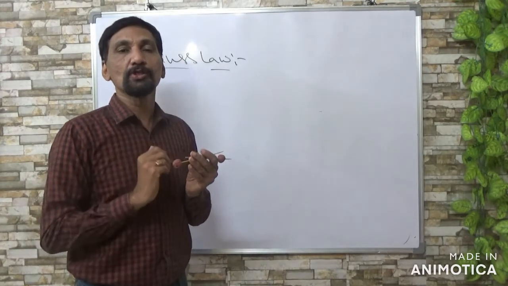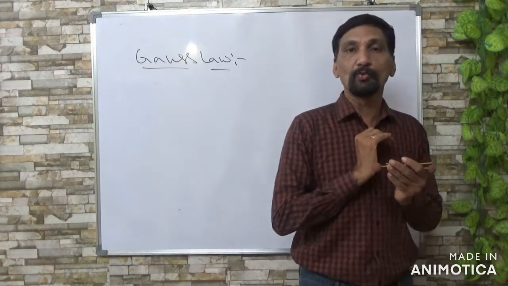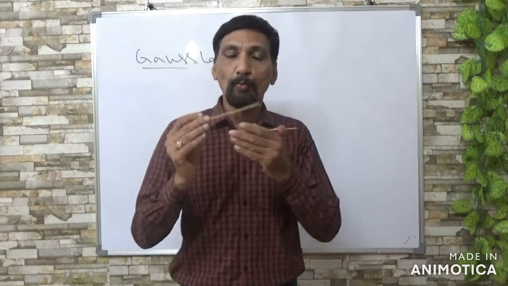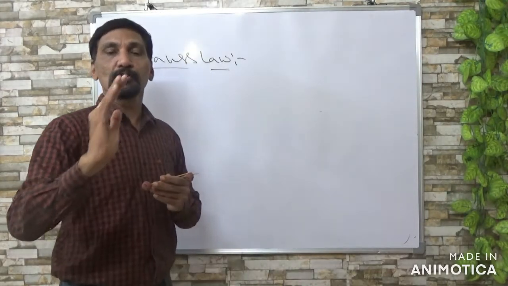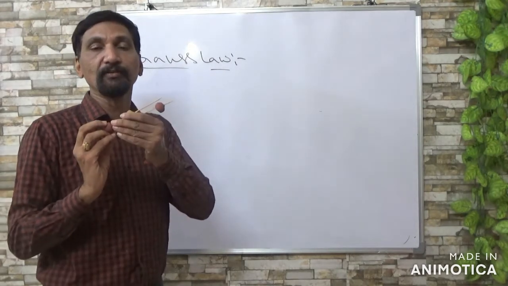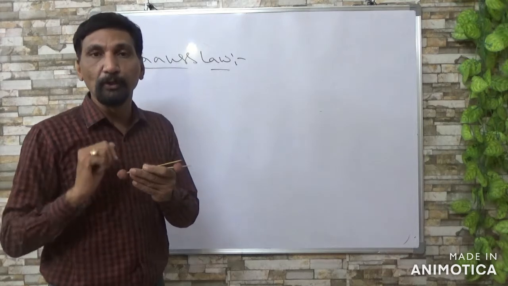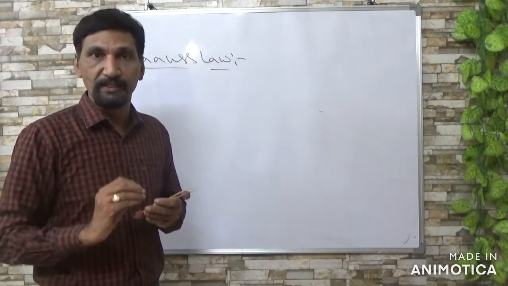So we cannot use Coulomb's law, because what is the limitation of Coulomb's law? Whenever 2 point charges are at rest, you can find the force between them. But whenever charge is moving, it will produce a magnetic field also, in such complicated cases.